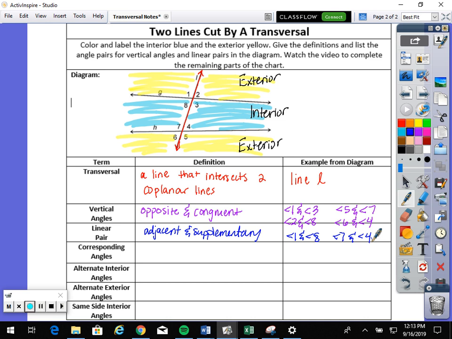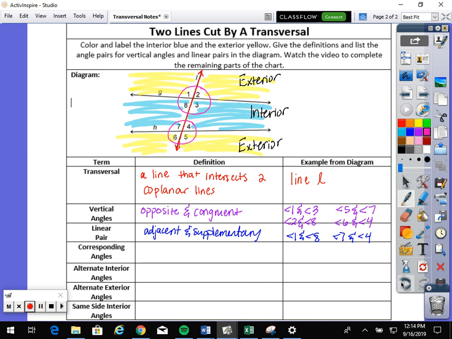This is some stuff that we had not talked about in class. So let's talk about these corresponding angles. Corresponding angles are from one set of intersections. So from this intersection, you're going to have corresponding angles to this intersection up here.